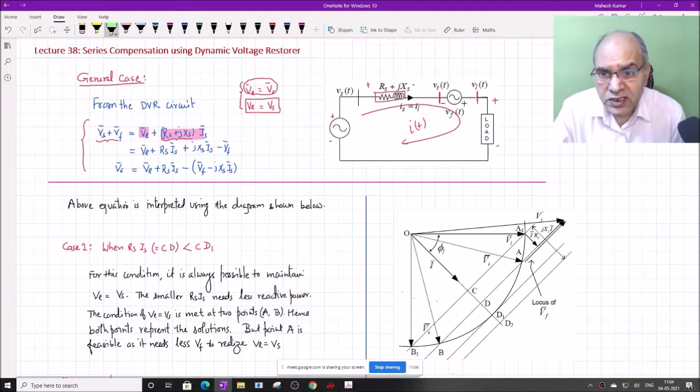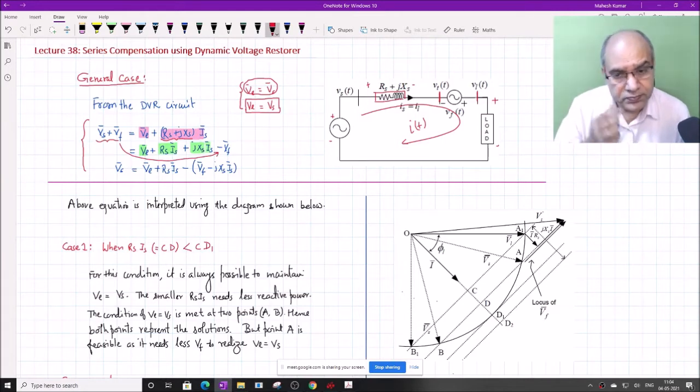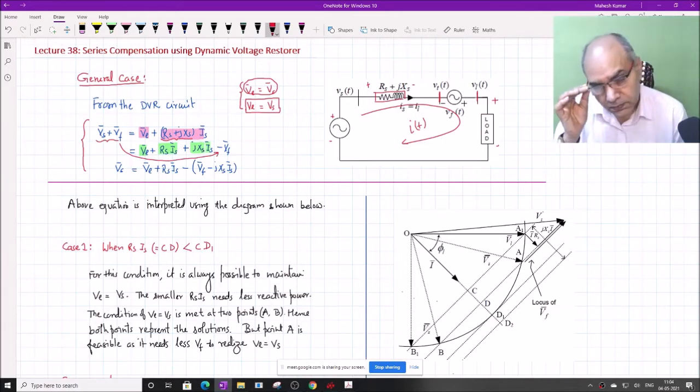Alright, so we can split those terms. This is Rs into Is plus jXs into Is, and we have brought VF to this side, so it becomes minus VF.